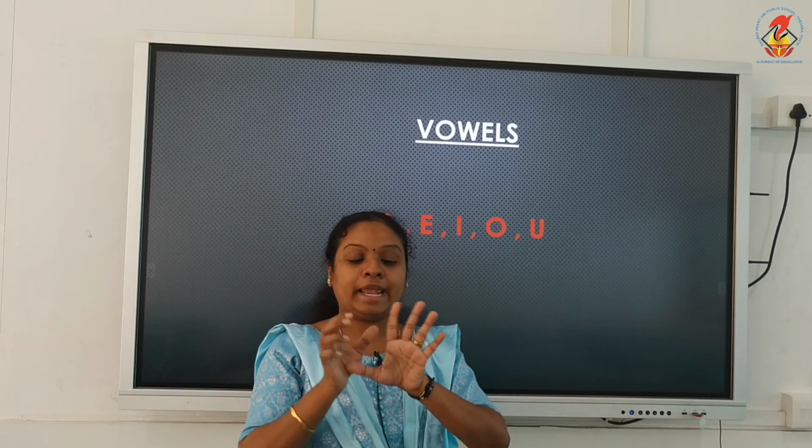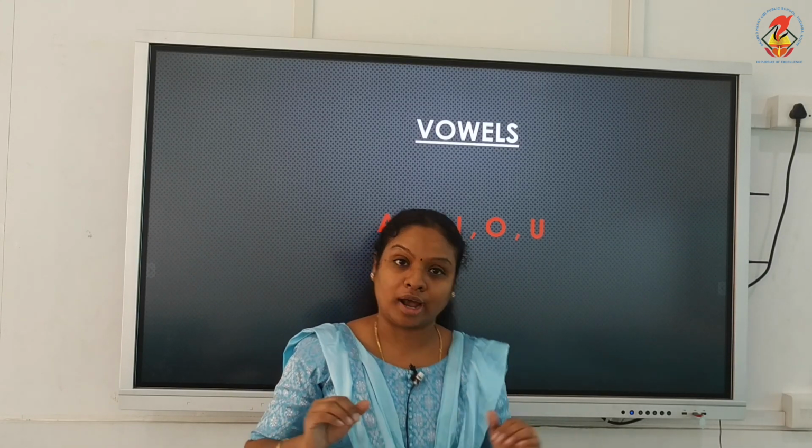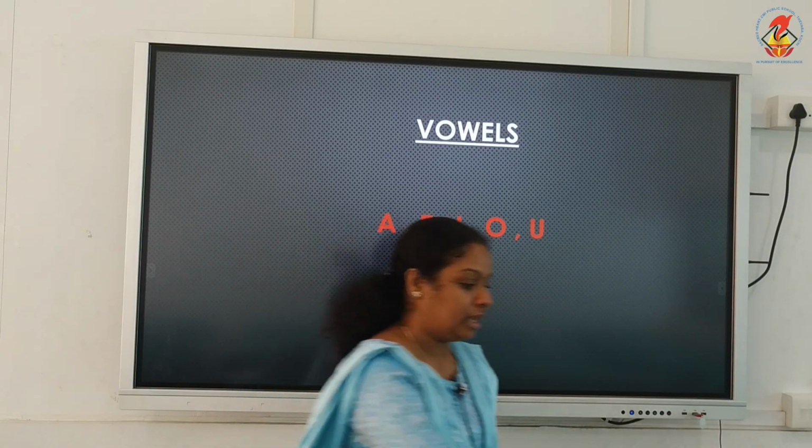So 26 letters are there, and from that, A, E, I, O, U are the vowels. You got it, children?